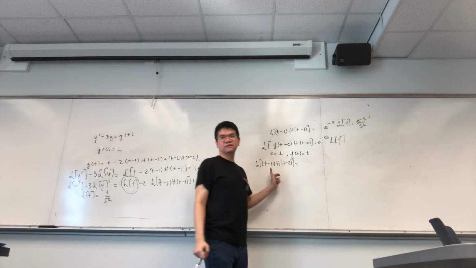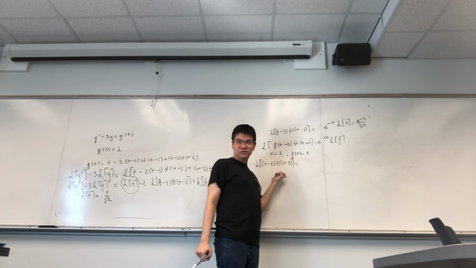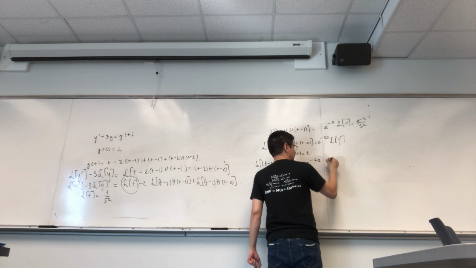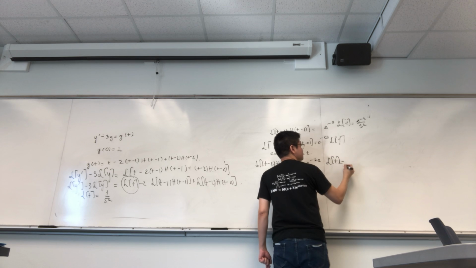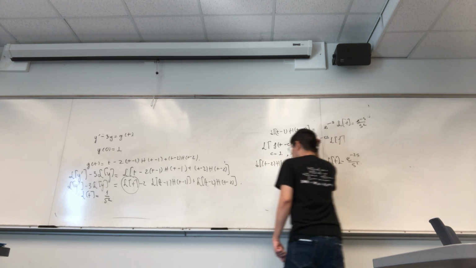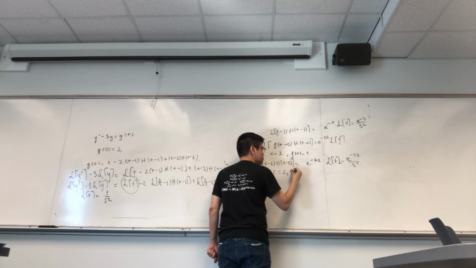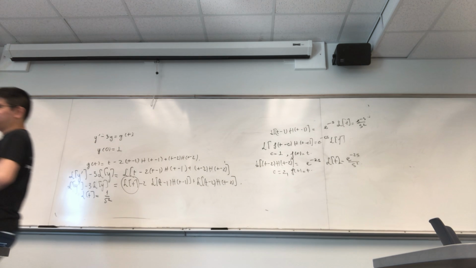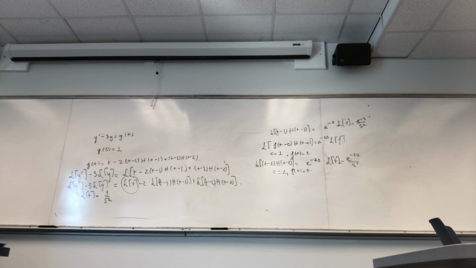So for the second formula, c will be 2, right? So you're going to have the same thing, e to the power minus 2s, Laplace transform of t, and this is e to the power minus 2s over s squared. So in this case, c is again 2 and f(t) is again t, right? This equation may look more complicated, but in fact it is easier.